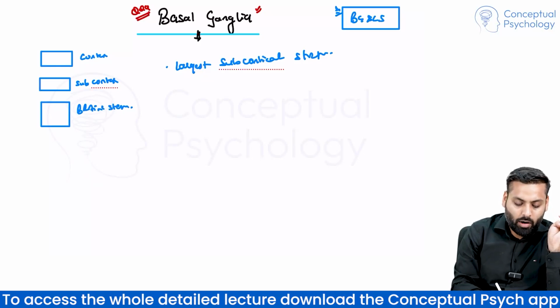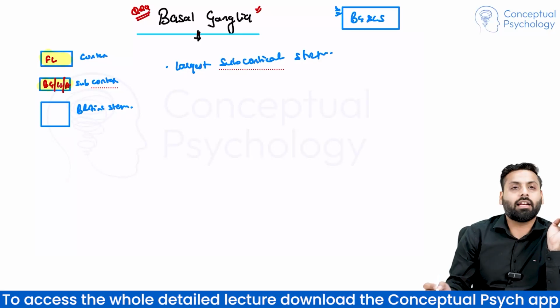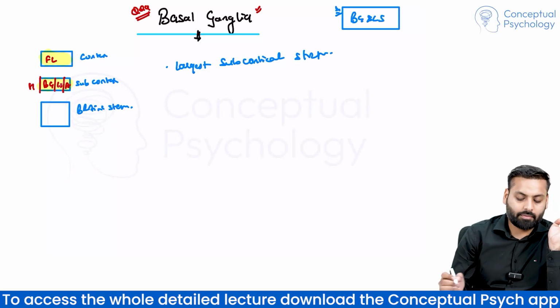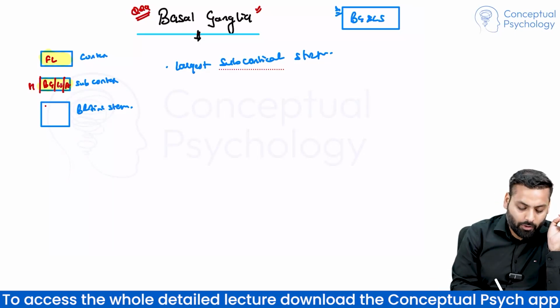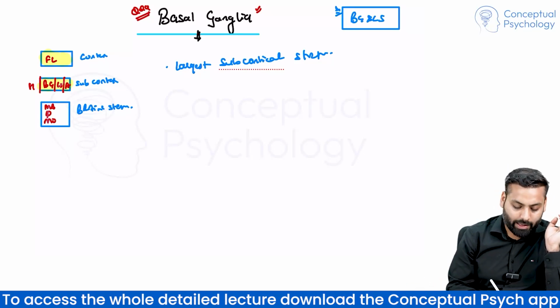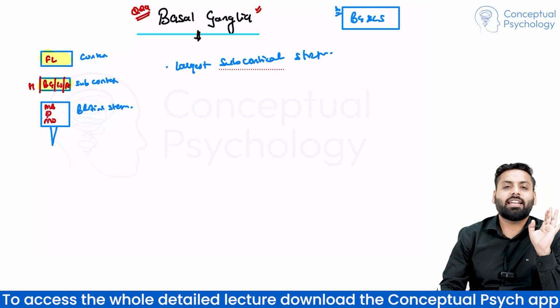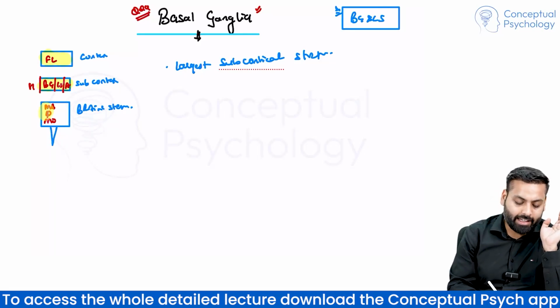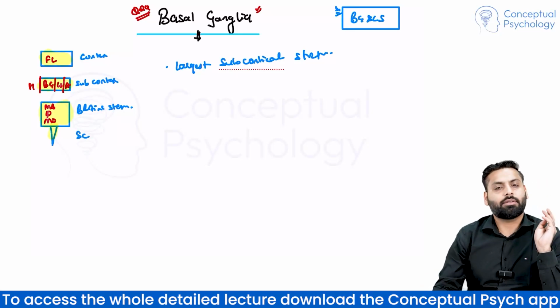In cortex, you have your frontal lobe, etc. In subcortex, you have your basal ganglia, limbic system, amygdala, hippocampus. And in brainstem you have your midbrain, pons and medulla oblongata. Then goes your spinal cord. So this is the basic arrangement of the brain, as easy as you can understand. This is the most schematic I can be.